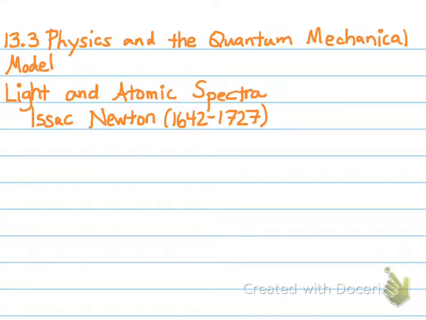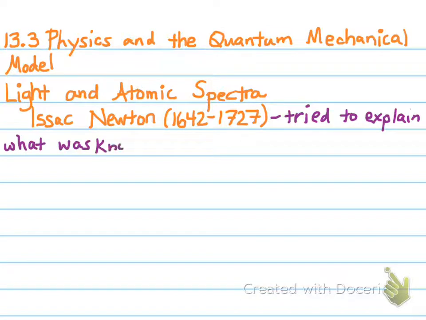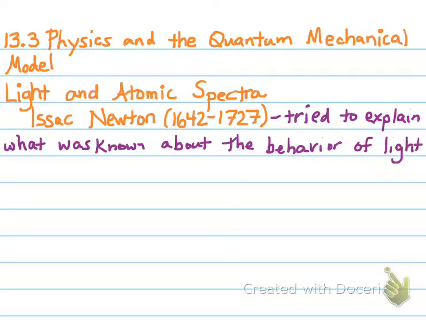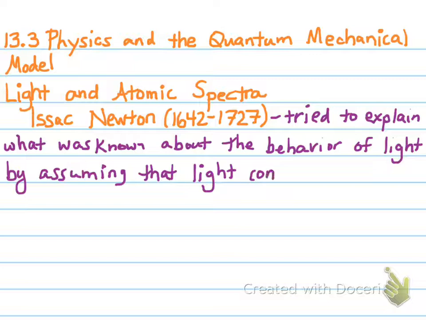And Isaac Newton, way back then, tried to explain what was known about the behavior of light by assuming that light consists of or is made of particles.